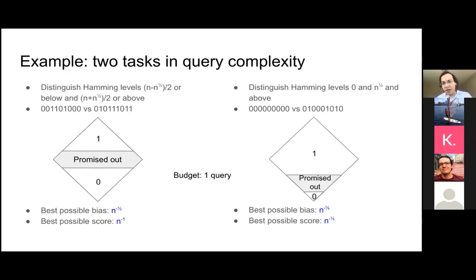You want to pick k so that after seeing this many queries, you can fully solve the function to bounded error. And it turns out that on the left, you would need to repeat n times. So you need to query n bits before you can solve this gap Hamming problem to bounded error.